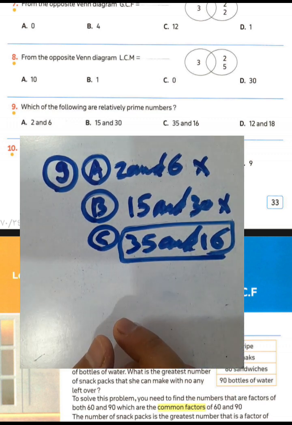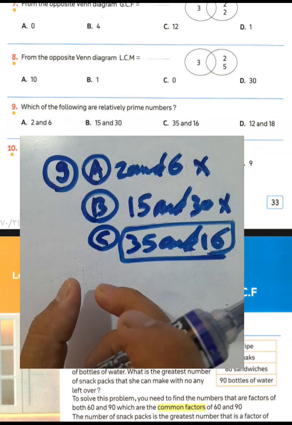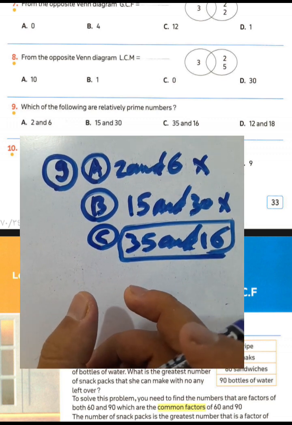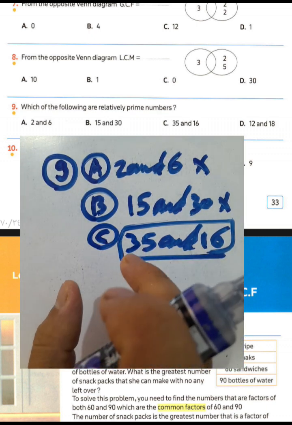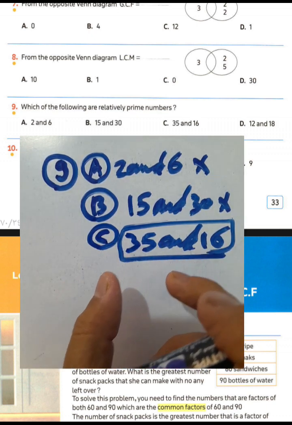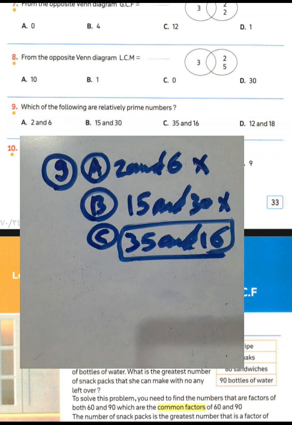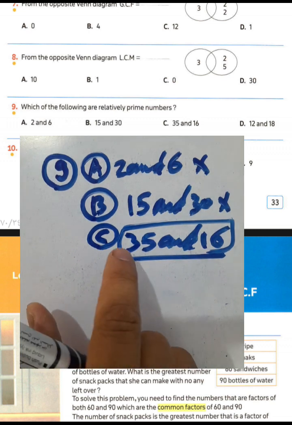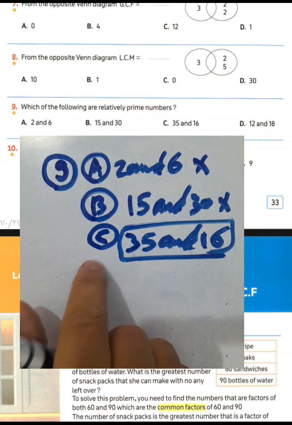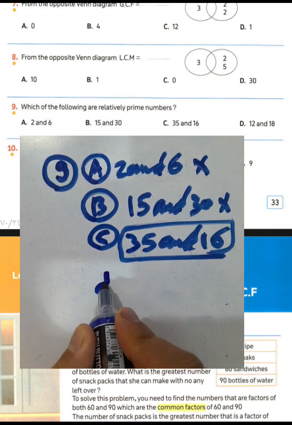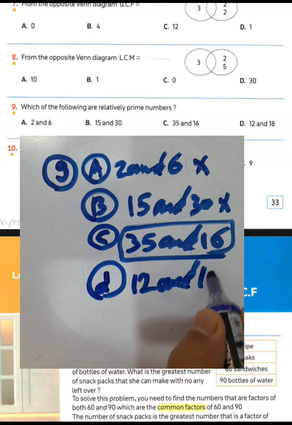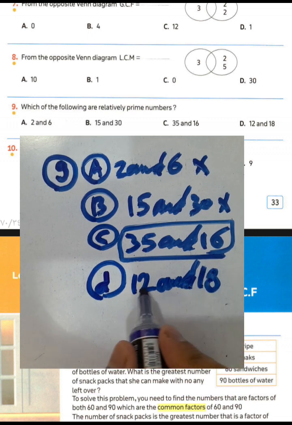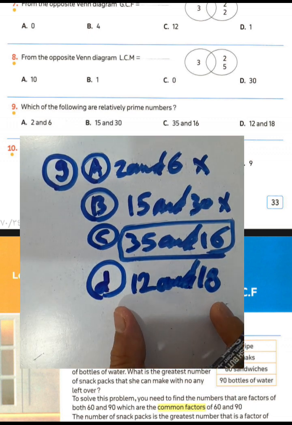So what about two numbers that are relatively prime? It means two numbers can divide by 1 only. 35 and 16 can divide by 1 only. Understood? Then the result will be letter C. But what about letter D? 12 and 18, the greatest common factor between them equals 6.